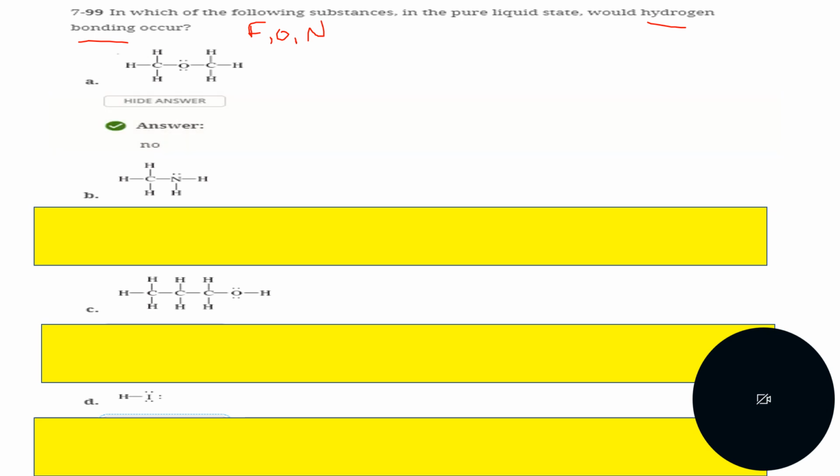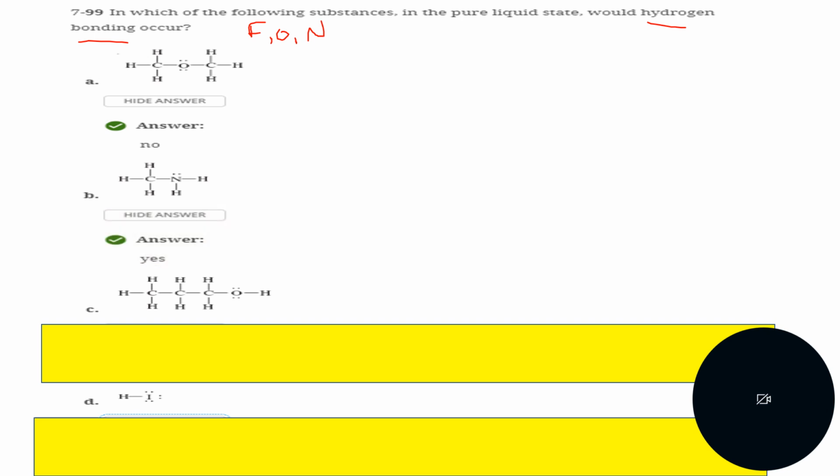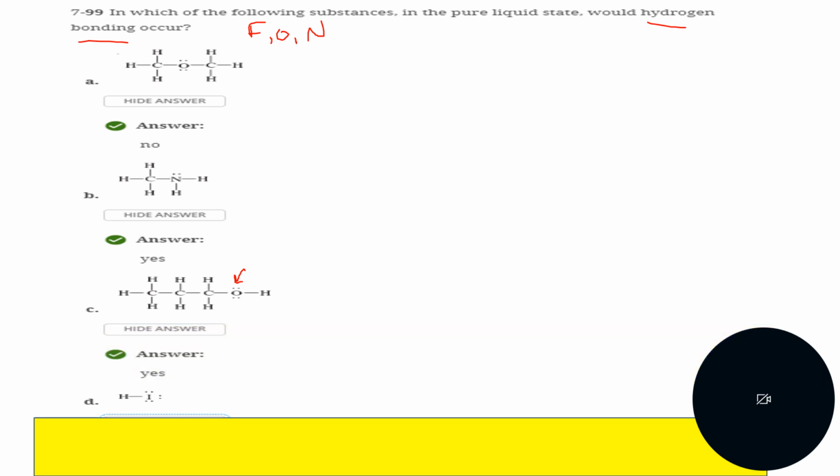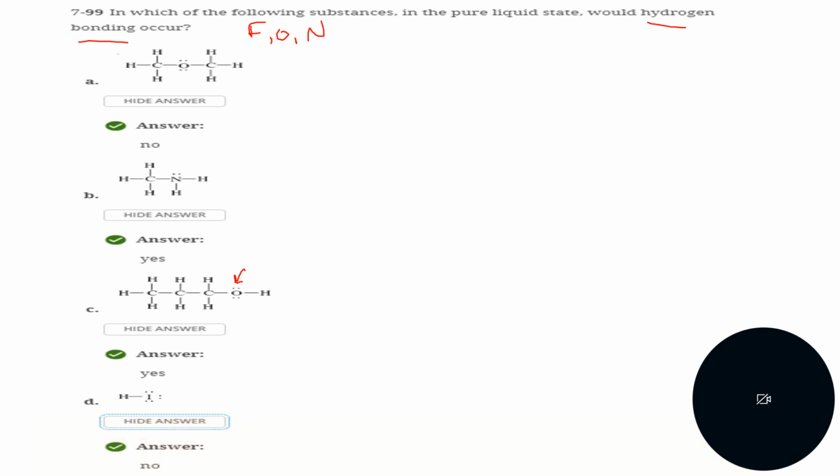On letter B, yes, there will be hydrogen bonding because of the N that's exposed here. In C, again, yes, there will be hydrogen bonding because of that exposed oxygen right there. And on the last one, HI, no hydrogen bonding. H is bonded to I, so nothing on that one.